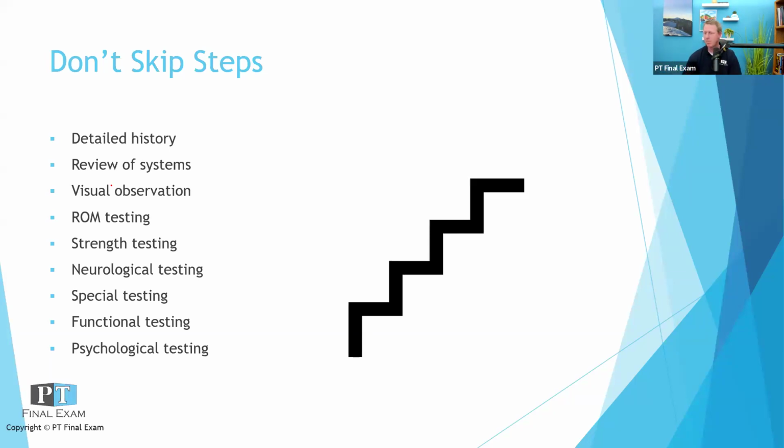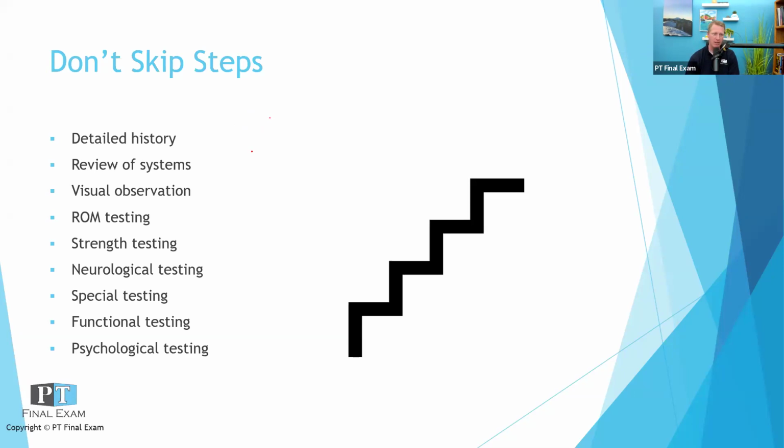As an example, we as PTs should always complete our examination, both our verbal exam, a detailed history, review of systems, and our physical exam. We should have that completed or understand what we're working with before then moving to our evaluation and intervention.